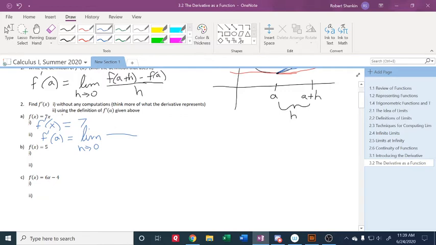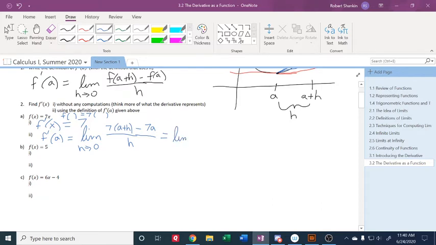F is 7x. Let me rewrite that. Really means f of anything, 7 times that anything. So f of a plus h is going to be 7 times a plus h. So just thinking from here, straight down to here. Minus f of a is 7a over h.